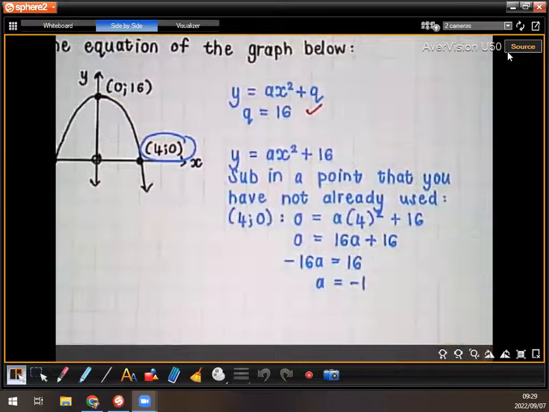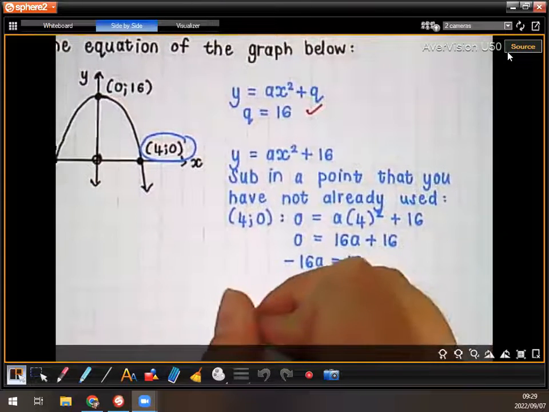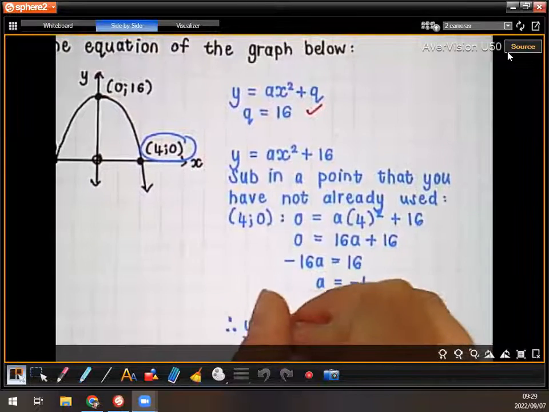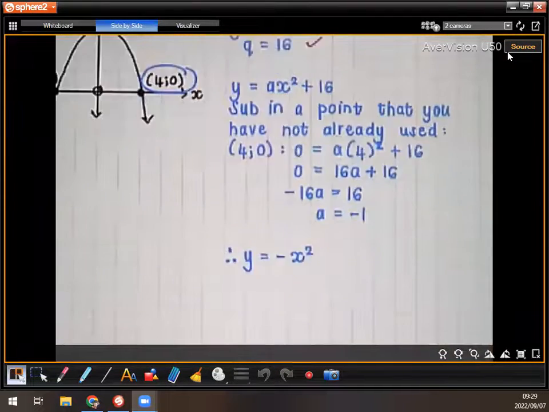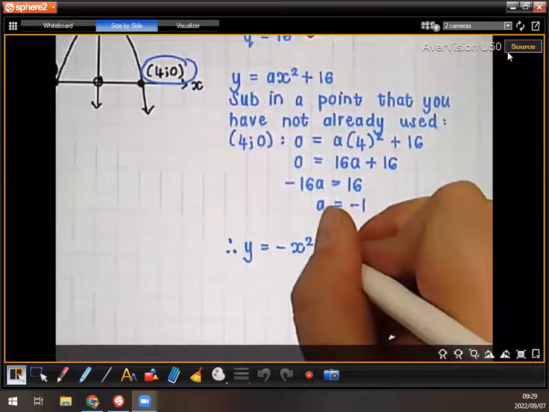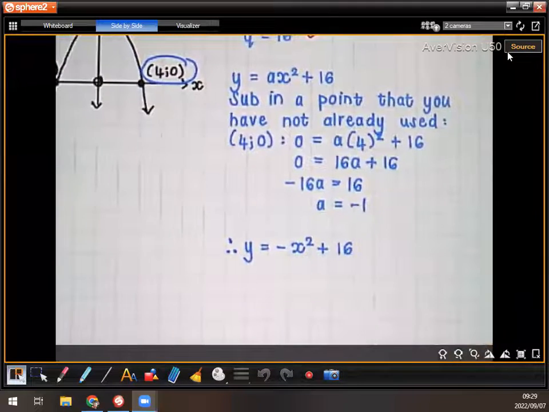It's negative 1. And we knew that was meant to be a negative number, right? So we know that we got that right. Okay, so therefore the equation is y equals negative 1x squared. So you can just write negative x squared plus 16.